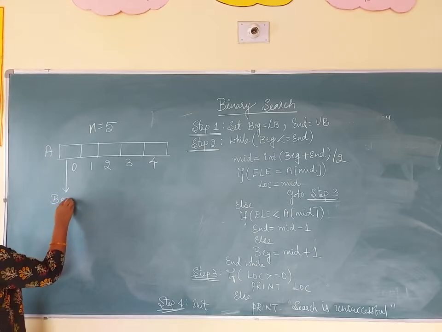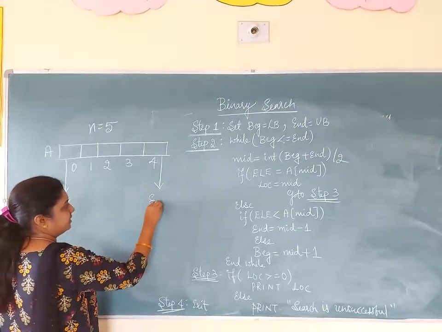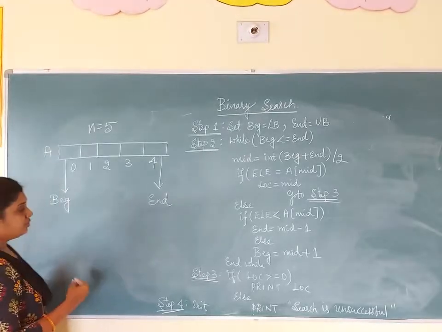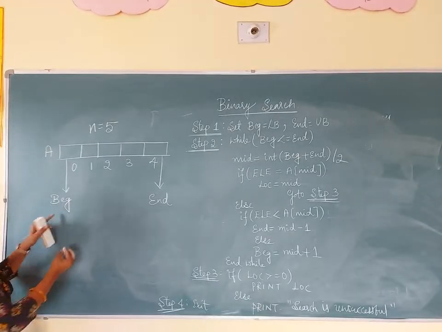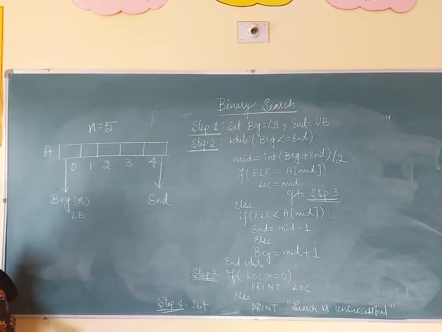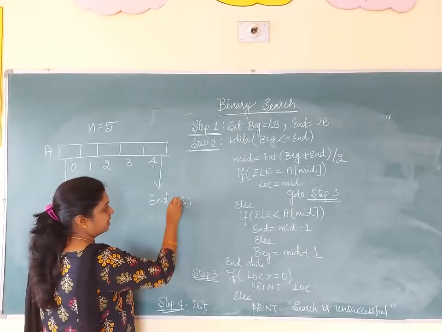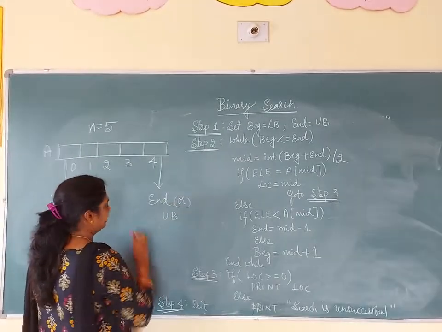I can call this my beginning, and this the end. Instead of beginning, you can also call it the lower bound. Instead of end, you can also call it the upper bound.